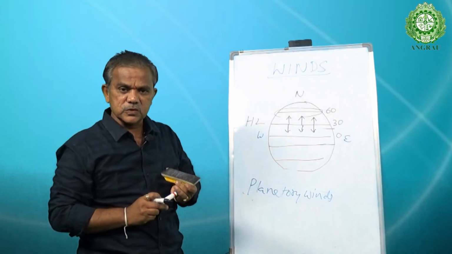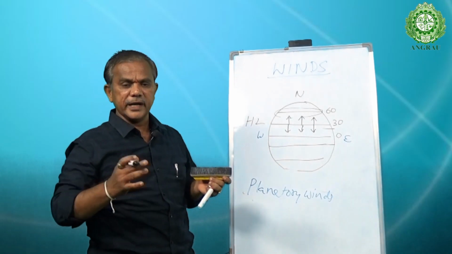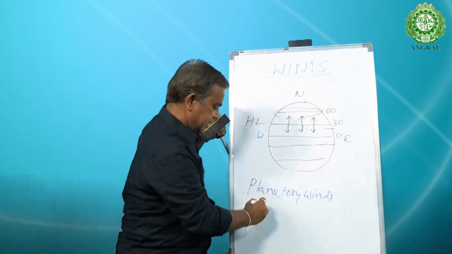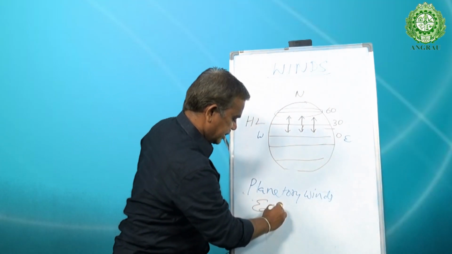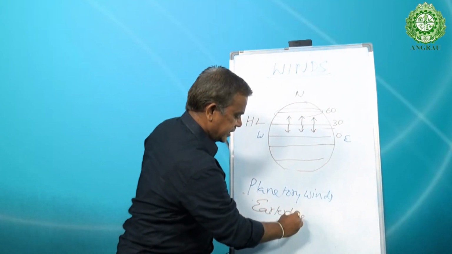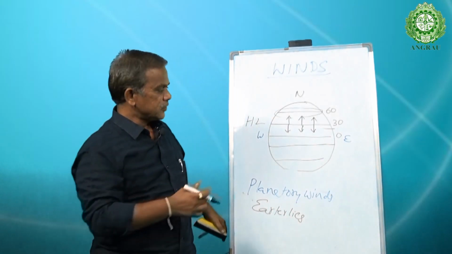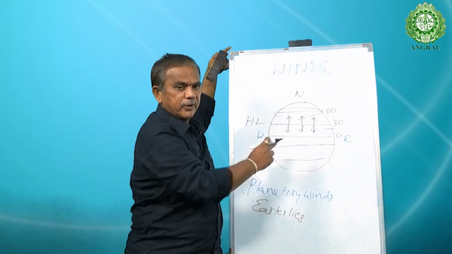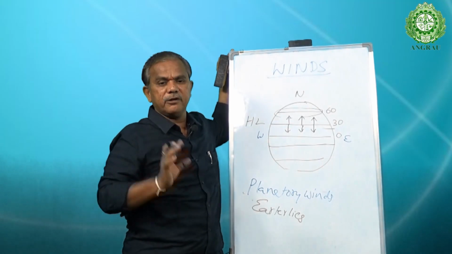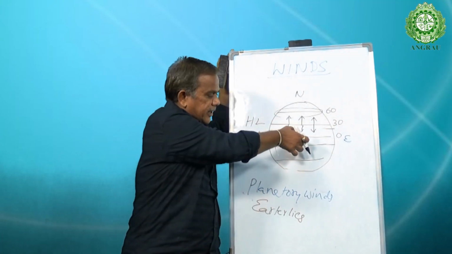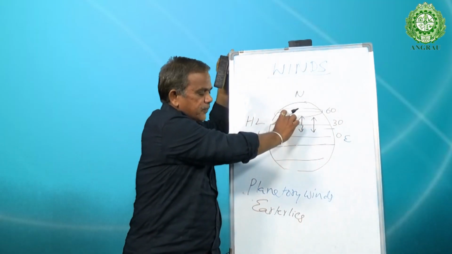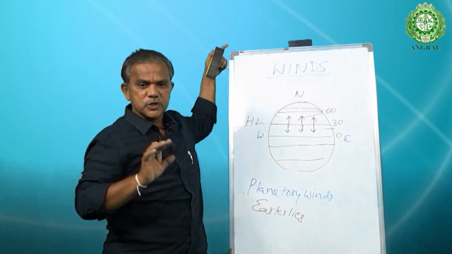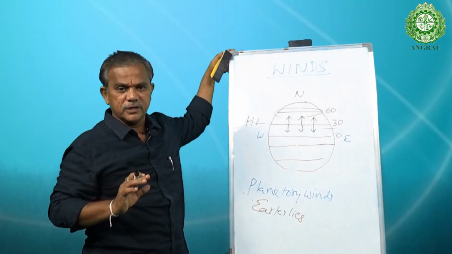The trade winds are also called easterlies, the term easterlies being added because of the direction of the wind. It is not actually perpendicular. These winds are supposed to be perpendicular in nature, because this part has been heated up whereas this part is at a higher pressure. Virtually it should be perpendicular.